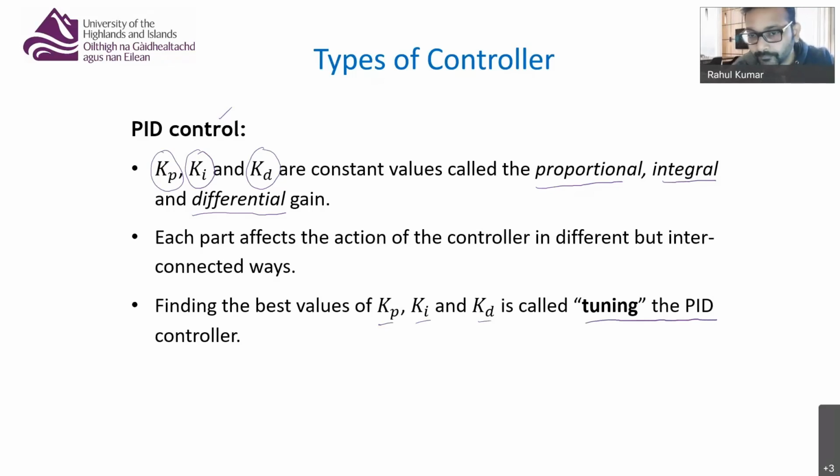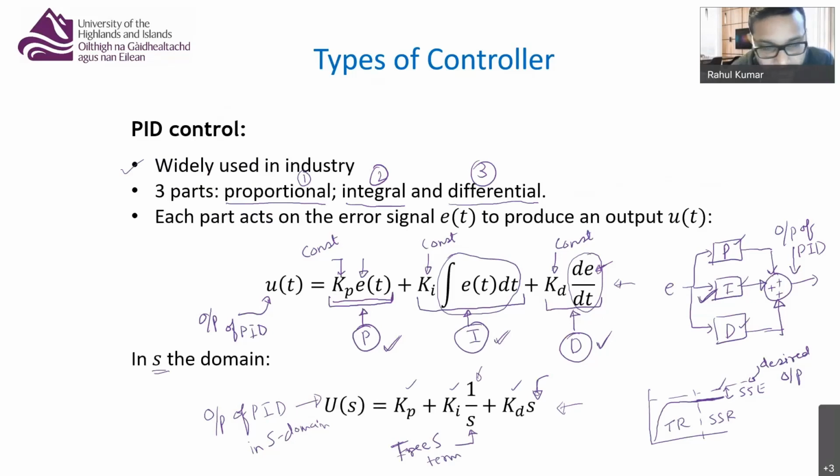Okay. Now, tuning the PID, you can do it manually. But if we look at the equation or the output of your PID, if you change the value of, let's say, Kp, you have to adjust the value of Ki and Kd as well, right? It's not as simple as it sounds.